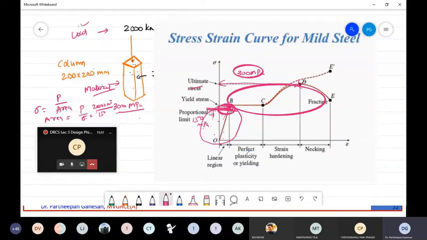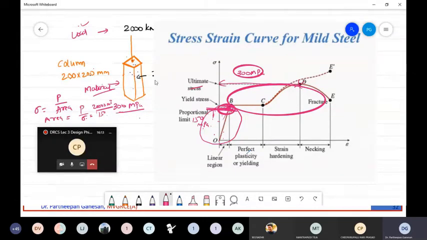Either in steel or in concrete, you are reducing the material strength only to the elastic limit, and that too the linear elastic limit. Is that clear? Okay, that is the working stress method.